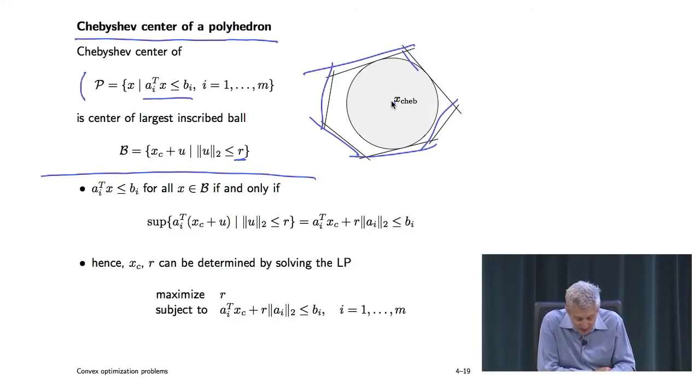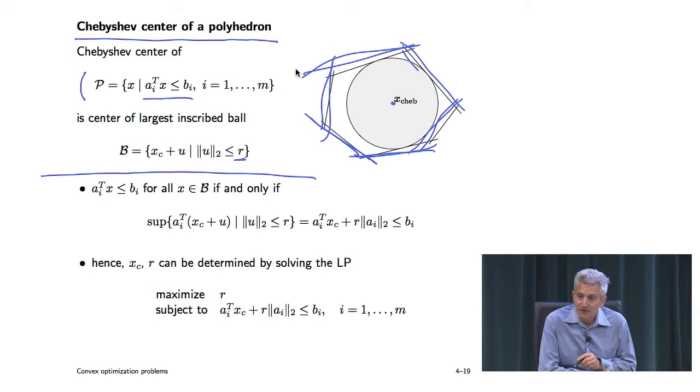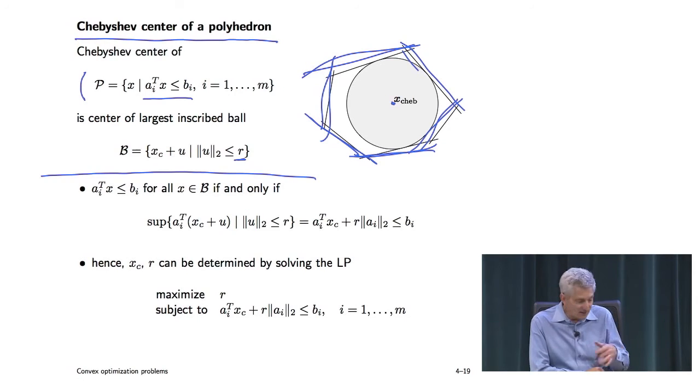So in other words, if you were going to target a manufacturing process, and these constraints define the acceptable region, and you wanted to have a margin so that if during the manufacturing process things varied, and you wanted the highest margin, you would choose the Chebyshev center. Okay? So this is already a problem that has applications.